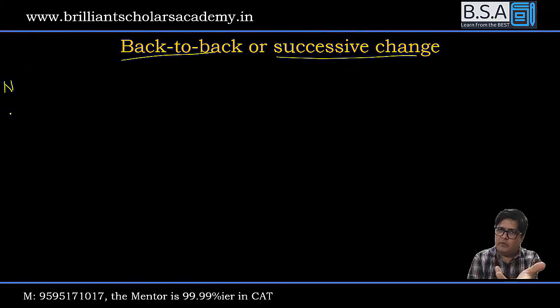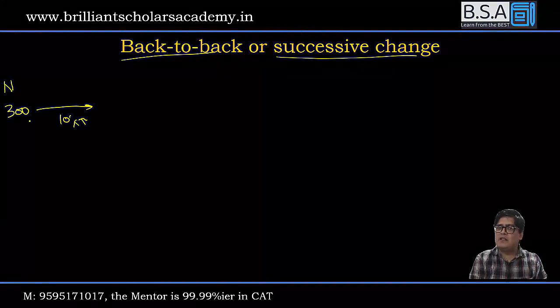Let me take a value. N is 300. I'm increasing this 300 by 10%. What is 10% of 300? It is 30. So I have got 330.